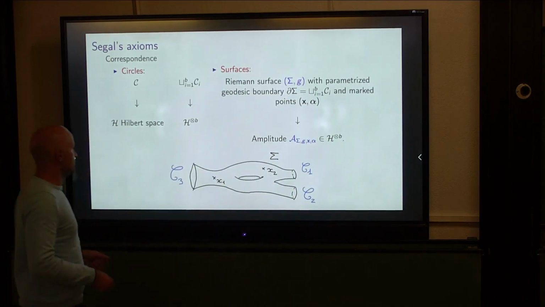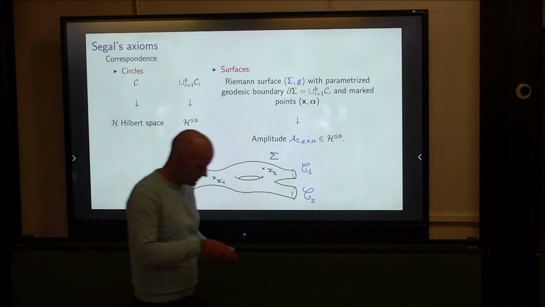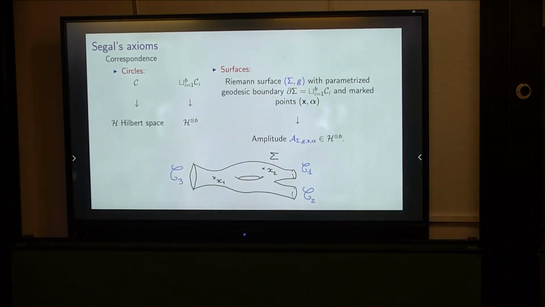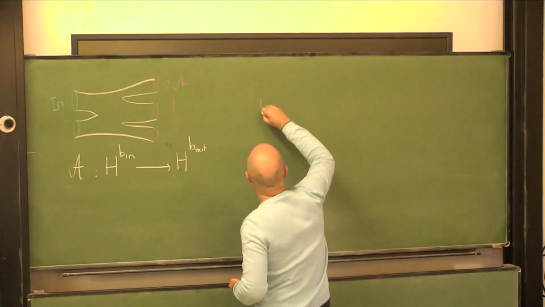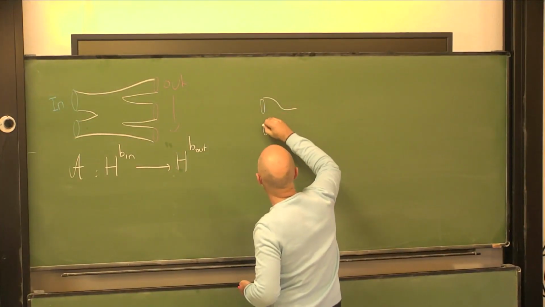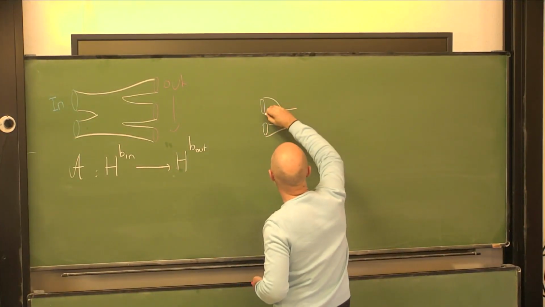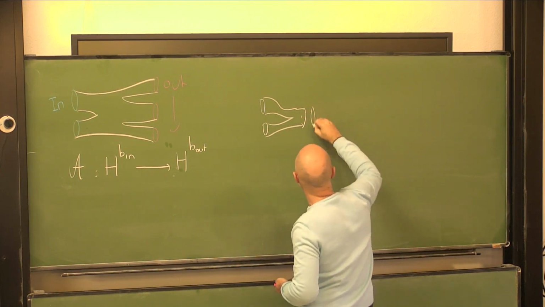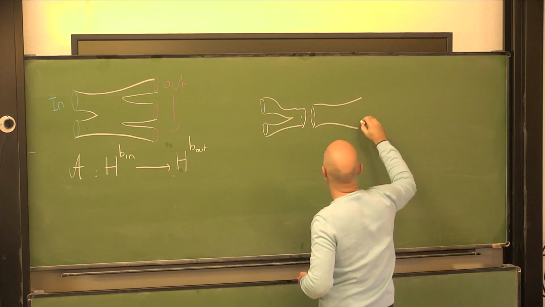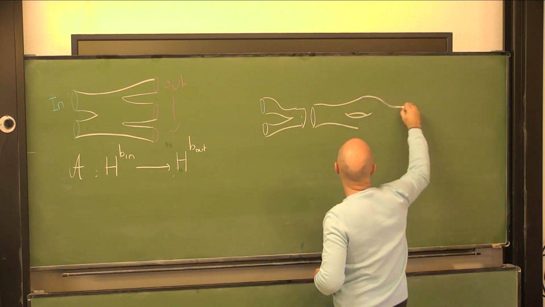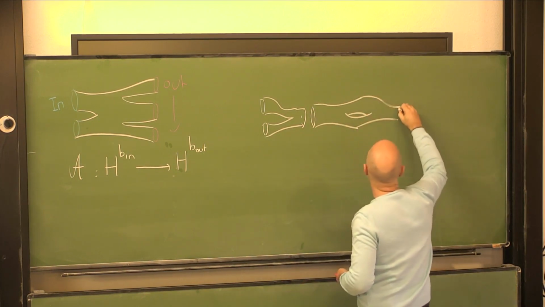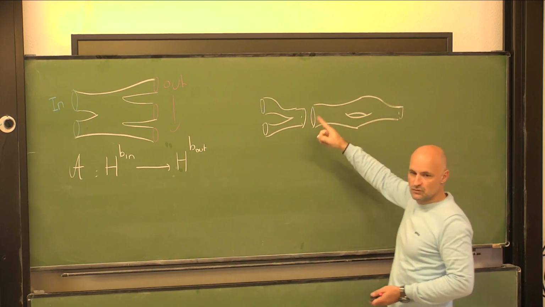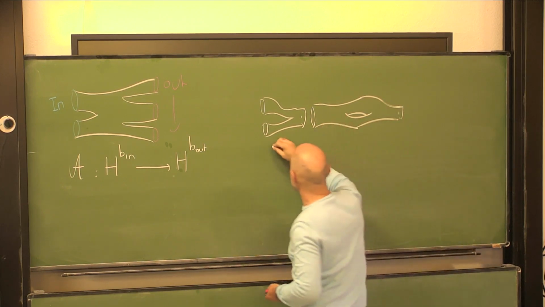And of course, this correspondence, these Riemann surfaces, they behave well when you glue them together. The genus is kind of hidden in sigma. Okay, you can glue two Riemann surfaces along the boundary to get this one here.